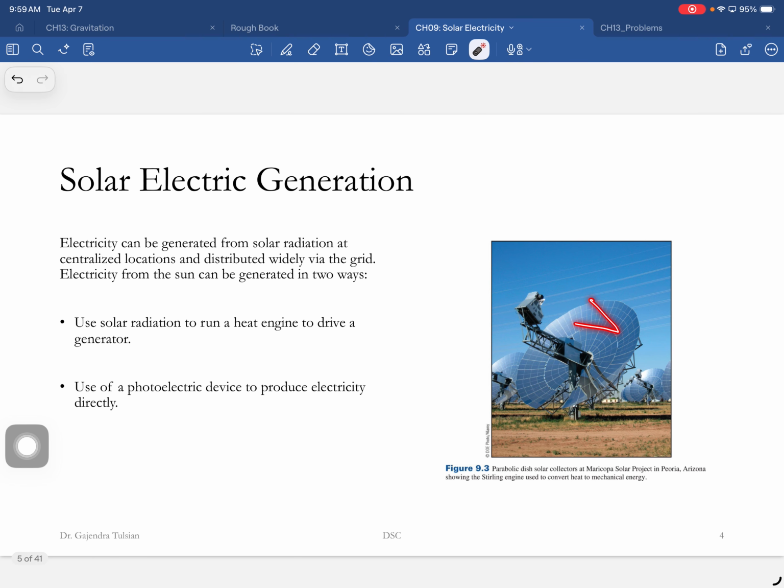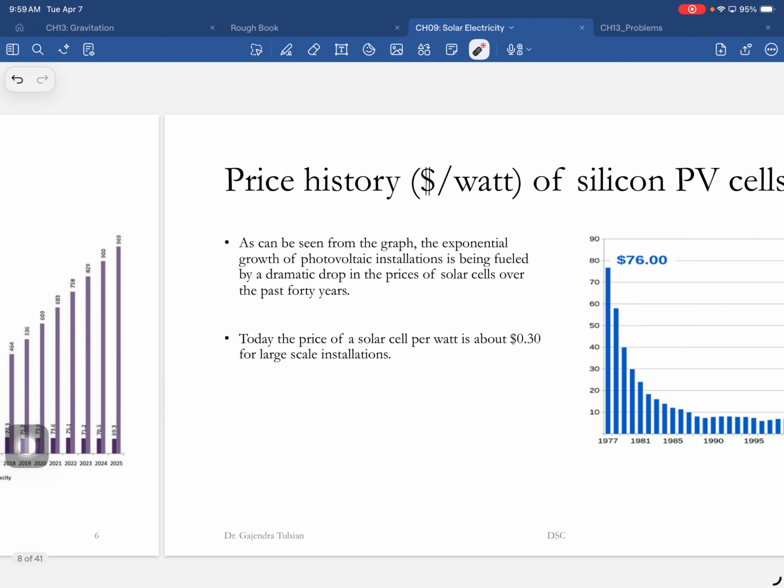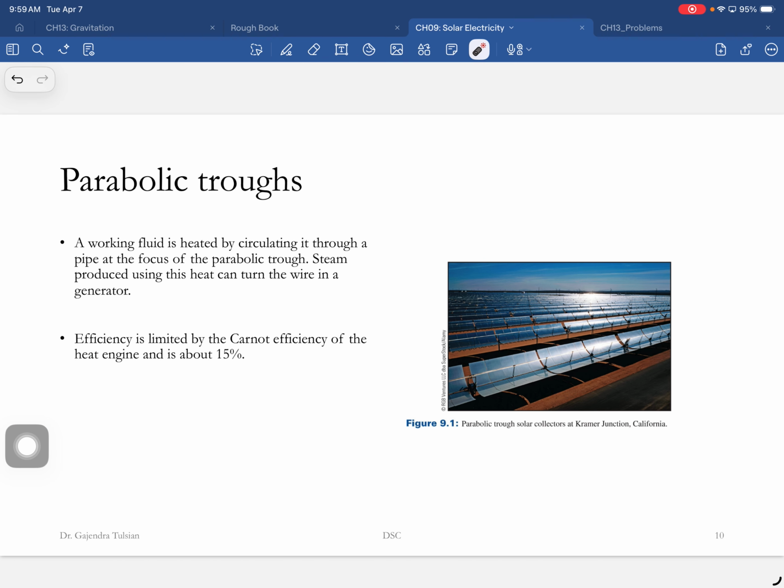So global concentrated solar power capacity is, this is in megawatts of electricity. I'll say 6,500 megawatts.